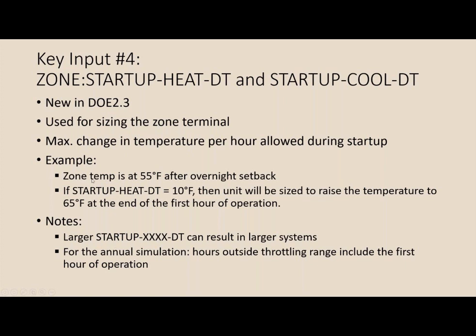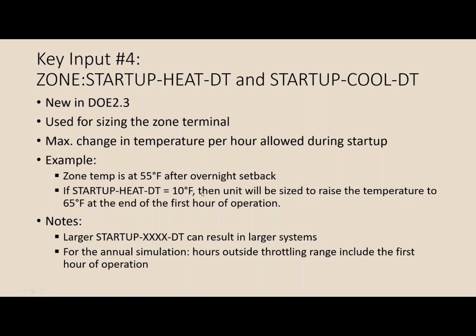It's easiest to explain this with an example. Consider a zone with a thermostat schedule that sets back to 55 degrees at night, and this startup heat DT is at 10 degrees, which is the default for most system types.